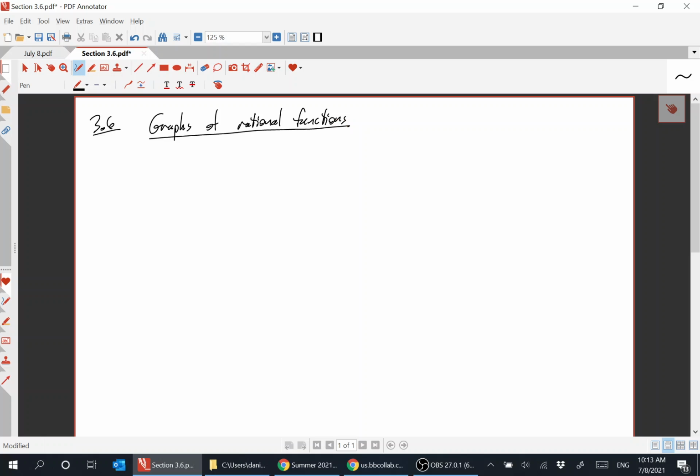So remember, a rational function is of the form p of x over q of x, where p and q are polynomials.